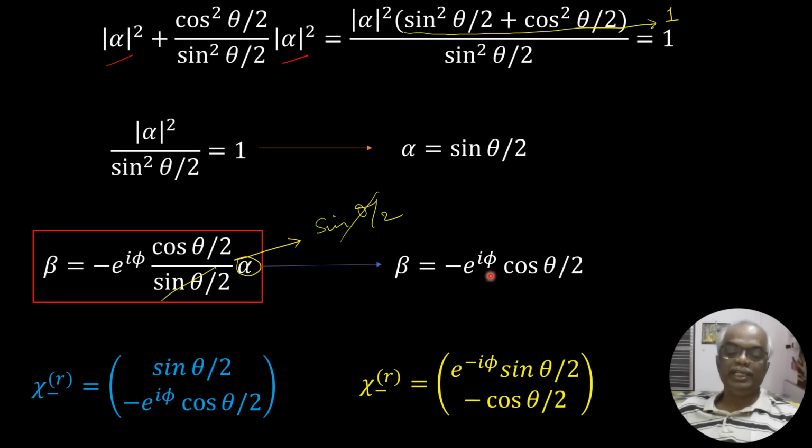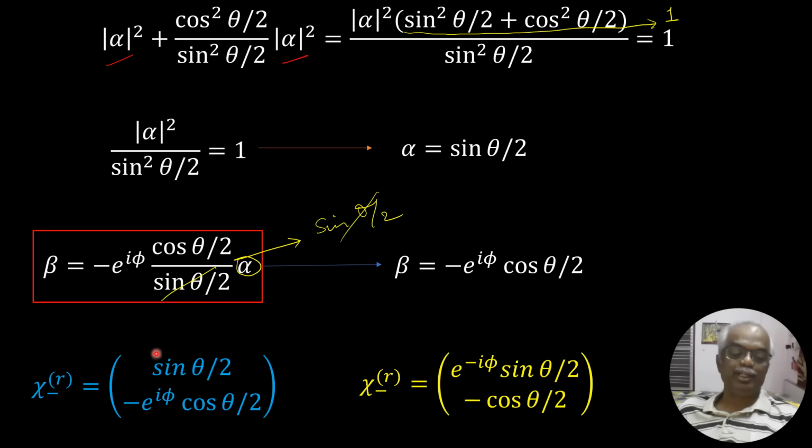You will get minus e to the power i pi cos theta over 2. So the spinor matrix for the spin down particle in the random direction R has alpha equal to sin theta over 2 and beta equal to minus e to the power i pi cos theta over 2. This is slightly different.